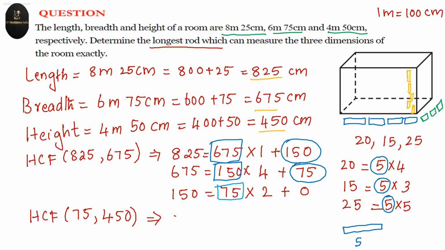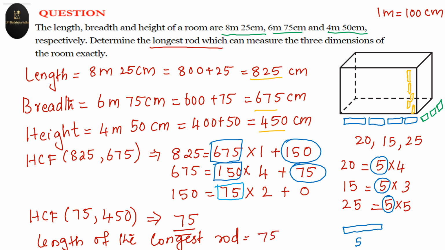So the HCF is equal to 75, right? So I can conclude that the length of the longest rod is 75 centimeter.